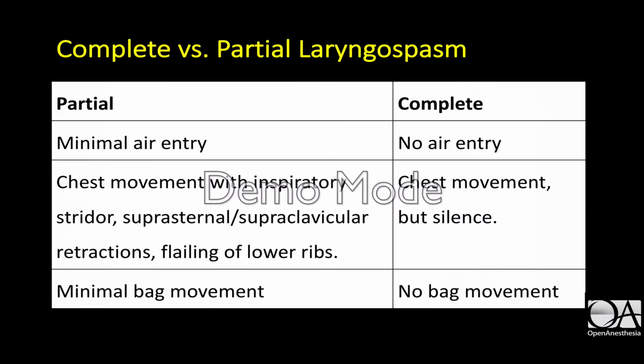As mentioned previously, during partial laryngospasm, there is minimal air entry and chest movement with high-pitched inspiratory stridor, suprasternal and supraclavicular retractions, and flailing of the lower ribs that results in a rocking horse. There is minimal bag movement, and as the laryngospasm worsens, there is complete glottic closure and no air entry. The inspiratory effort becomes silent, which is an ominous sign.